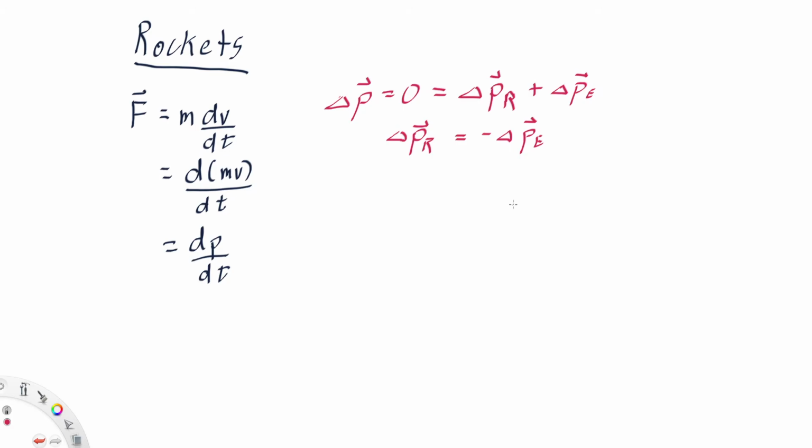So now we analyze in a little more depth what is the change in momentum of the rocket at a specific point in time. Over a very short amount of time, we might say that the rocket has some mass but loses a bit, and the rocket has some velocity but gains a bit.